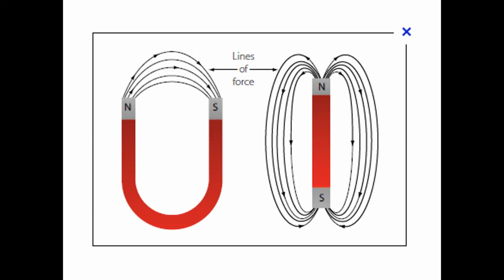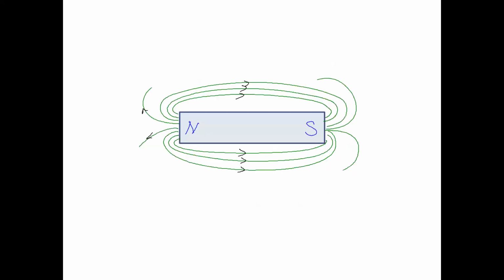In the paper, you can find many questions where you have to draw these lines. Now write under it that a magnetic field is represented by field lines.